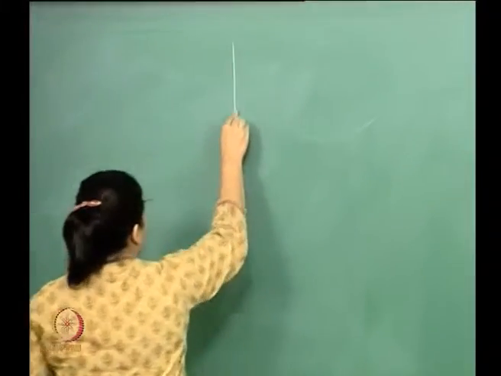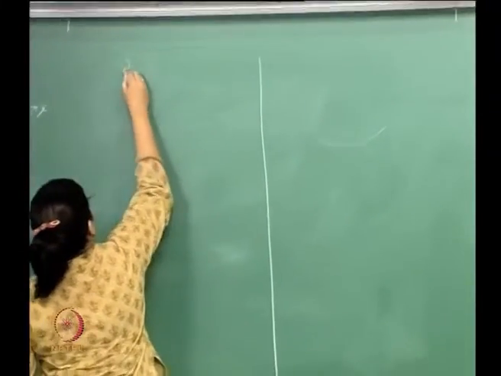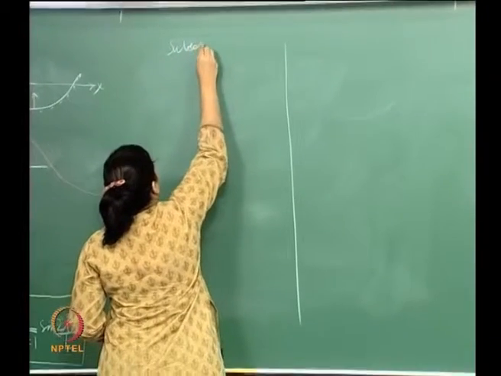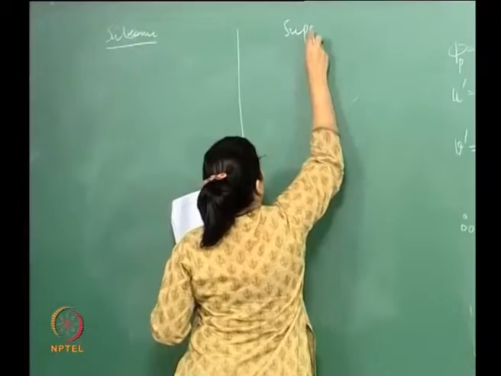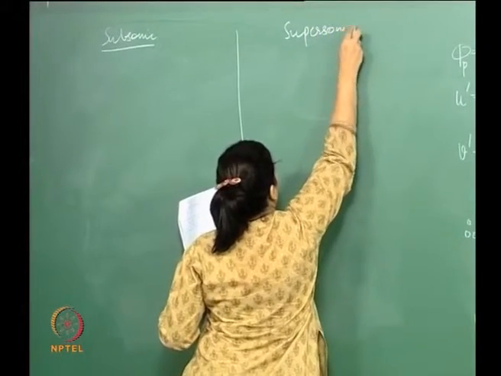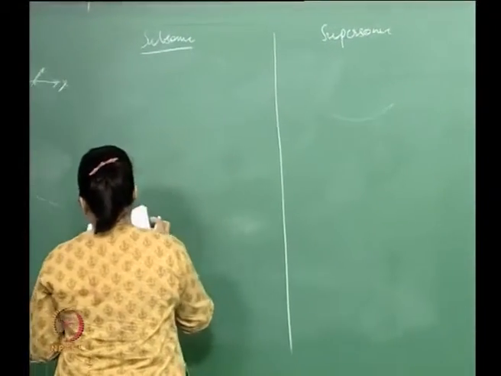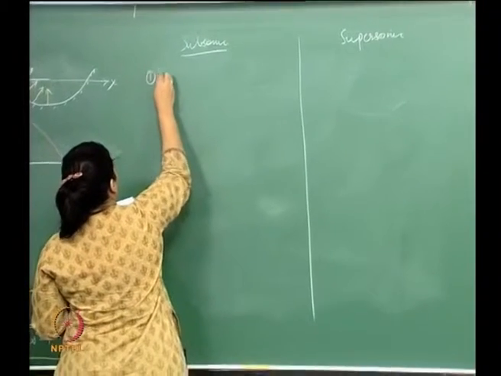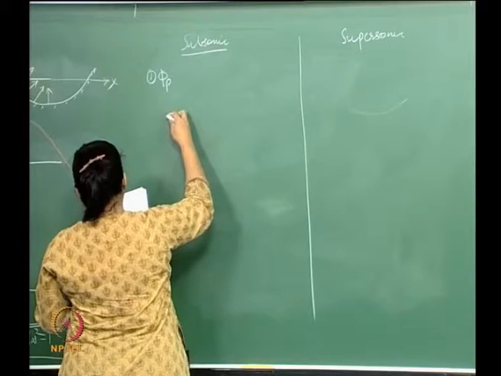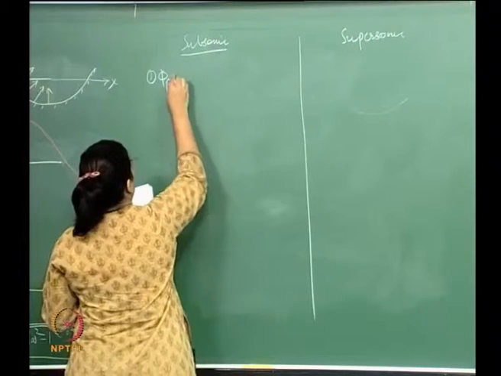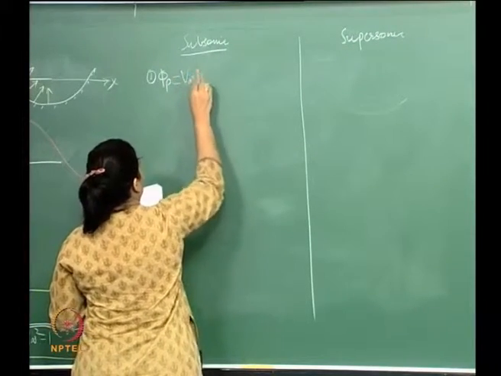This was our subsonic, and this is our supersonic. Now we got an expression here for phi p, which looked like this.